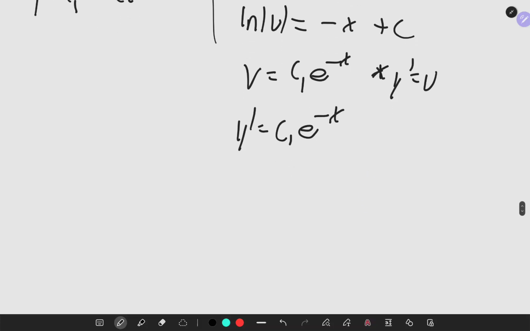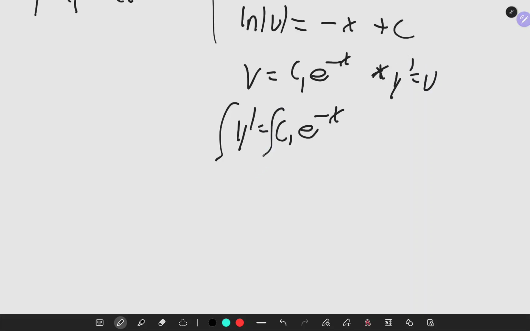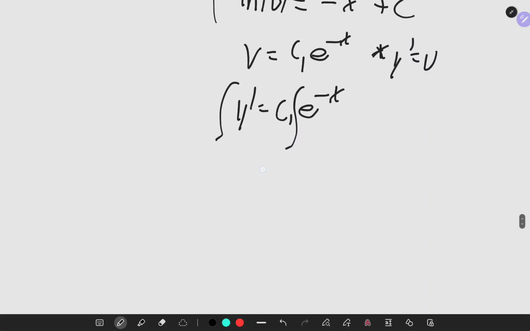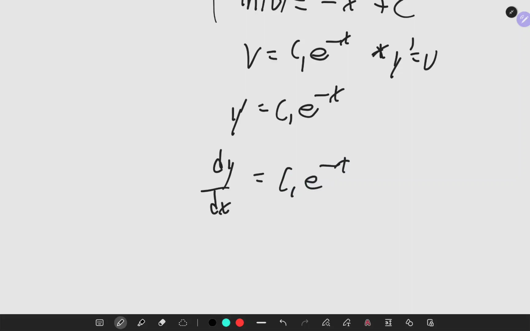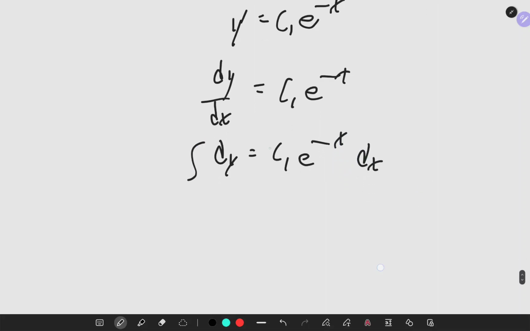And then we just do the same thing again, and we're going to integrate again. So now we just integrate both sides. You can pull out that constant, because this is dy over dx. Once again, you can separate, but it doesn't really change anything. You just integrate both sides.